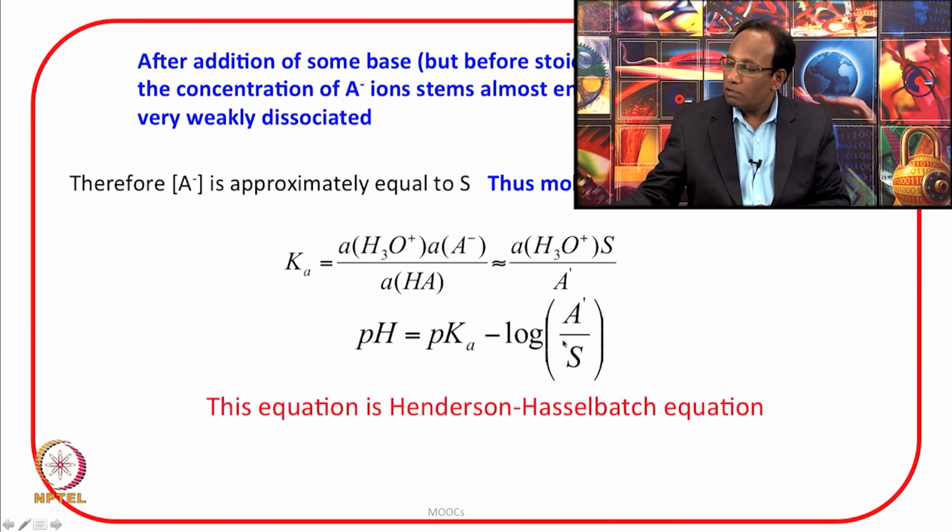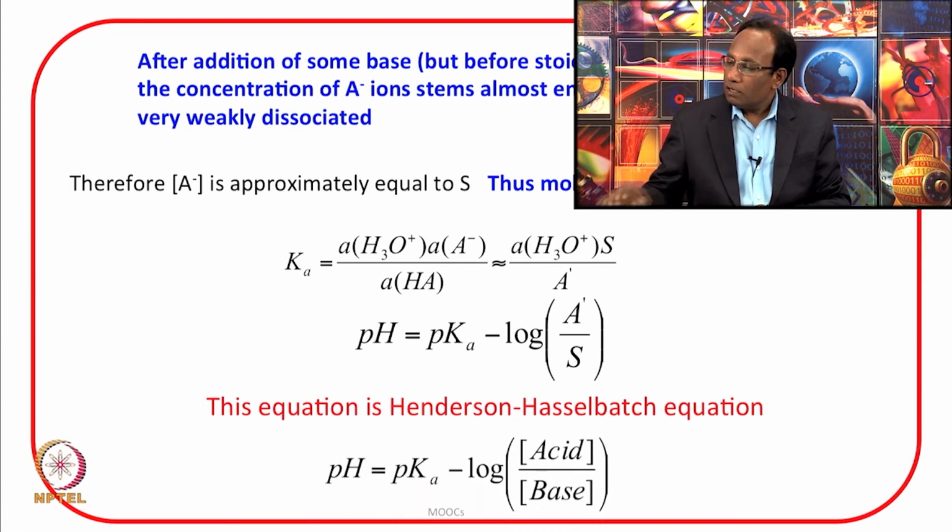This is called the Henderson-Hasselbalch equation, which in other terms is written as pH is equal to pKa minus log concentration of acid divided by the concentration of base.